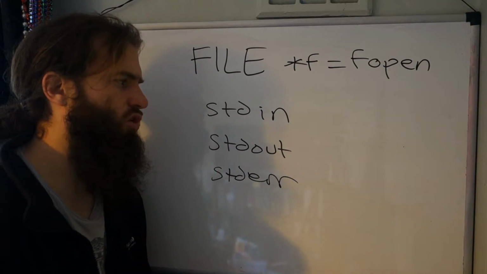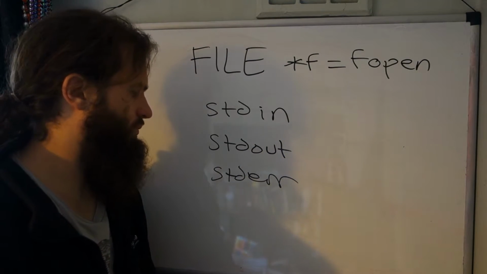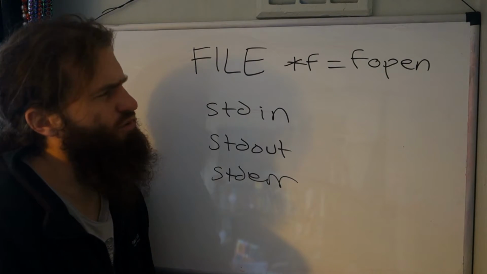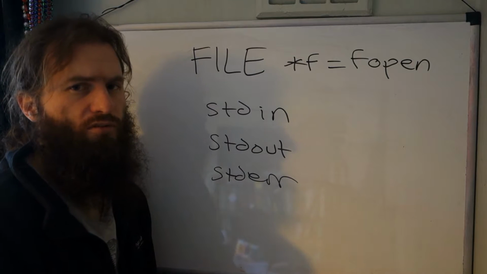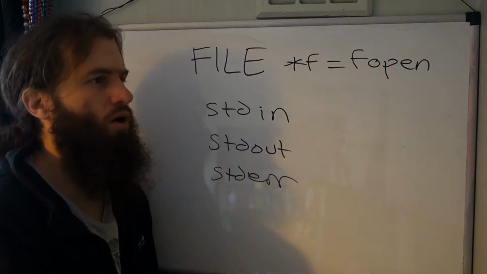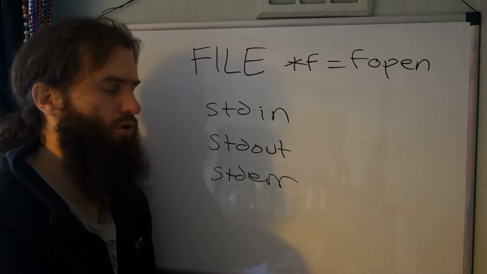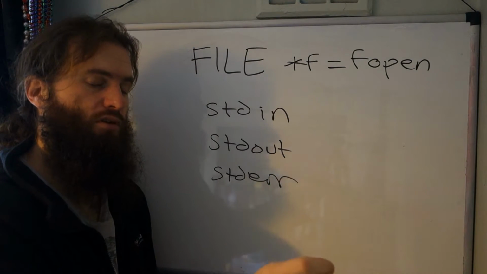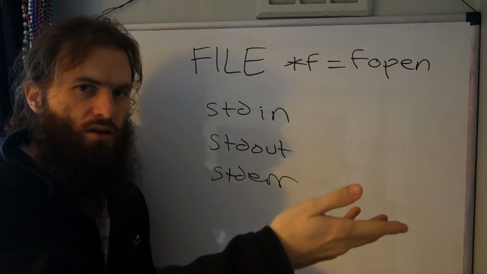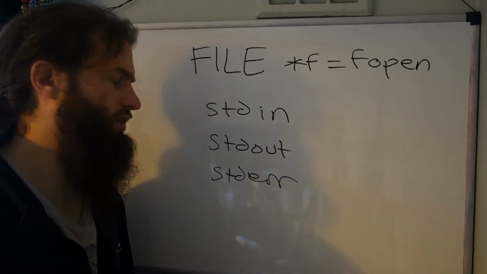Standard error is not line buffered by default, but you can change that. The reason these have a default buffering behavior is because they can be changed. If you, for example, pipe the output of a program to another program, then the second program's input essentially replaces standard out. So then the behavior will not be line buffered.